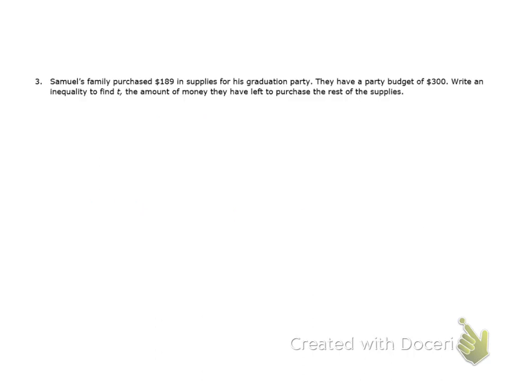Alright, number 3, Samuel's family purchased $189 in supplies for his graduation party. They have a party budget of $300. Write an inequality to find T, the amount of money they have left to purchase the rest of the supplies. Okay, so first we need to figure out what inequality symbol we're going to use.